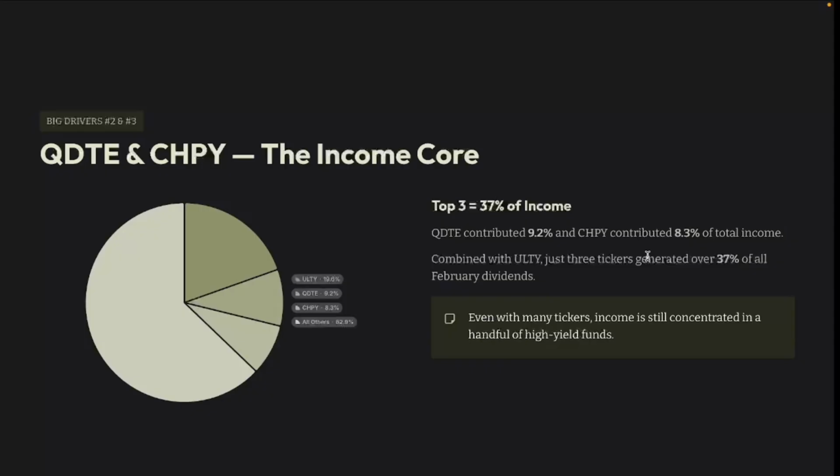Now, QDTE contributed about 9.2% of total income. CHIPI contributed about 8.3%. So just these three, ALTI, QDTE, and CHIPI, generated more than 37% of the total February income. So even though I hold many tickers, the income is still concentrated in a handful of high yield funds.